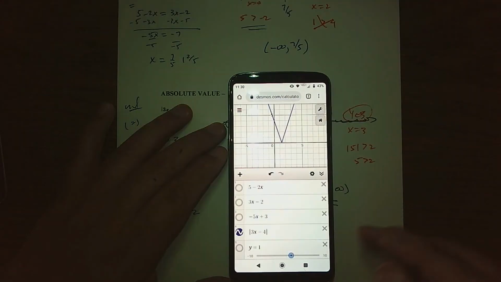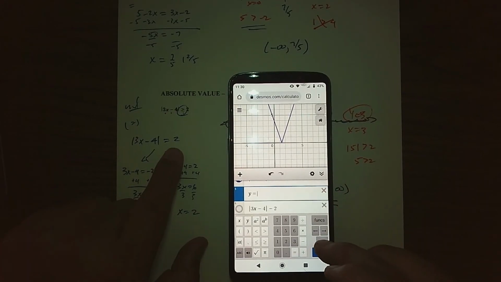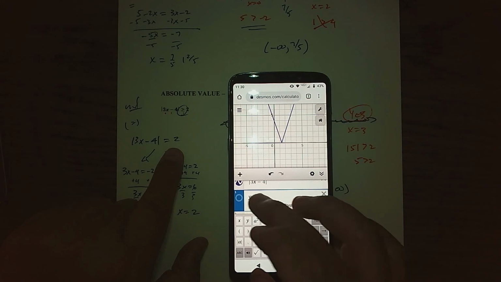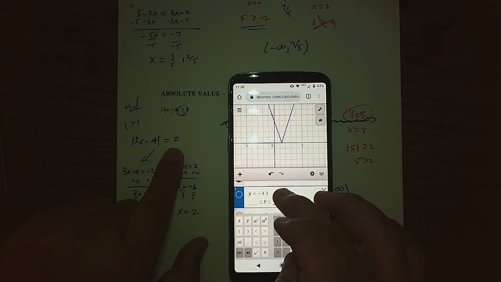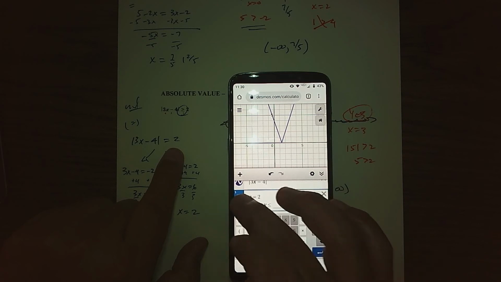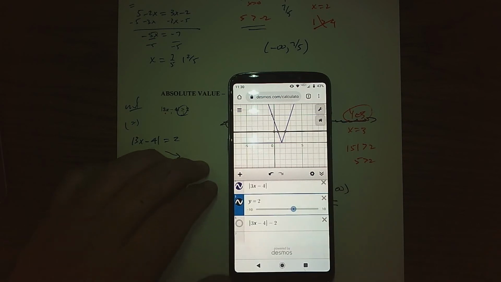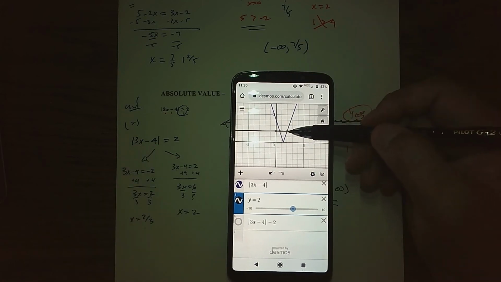I want to know when it's sitting below the graph of 2. There we go. You can definitely see, we know this to be 2/3, and we know this to be 2, and the graph of the absolute value does sit below those.